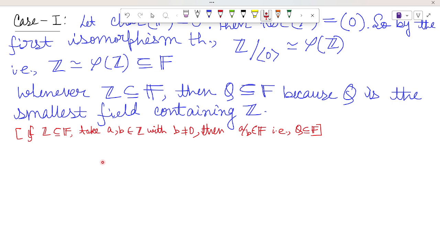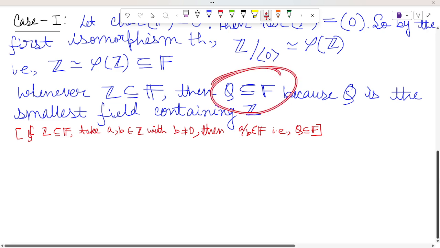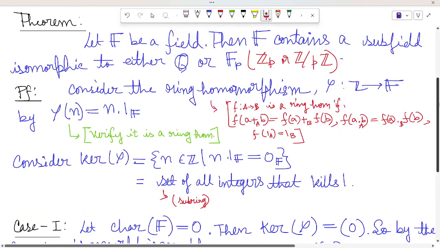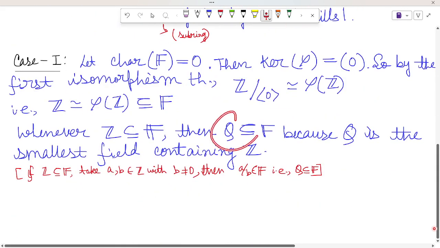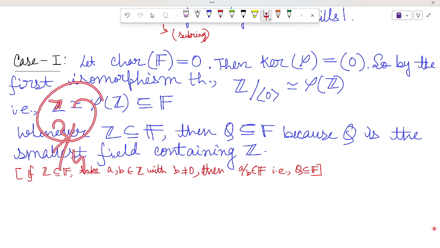Okay. So that proof is complete for case one. We are about to show that it contains Q or Fp. So that is Q. Isomorphic copy means if I take 3 and 4, there will be some isomorphic images there. Okay, that image.